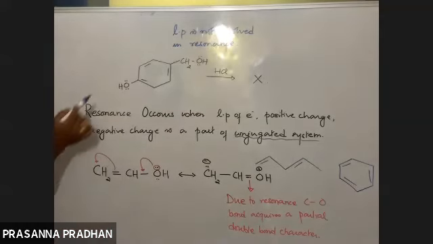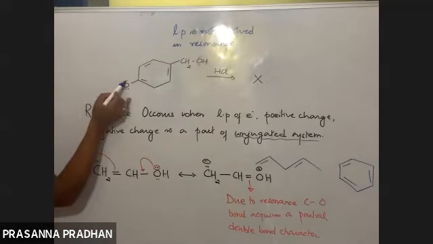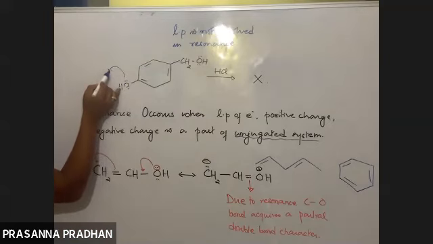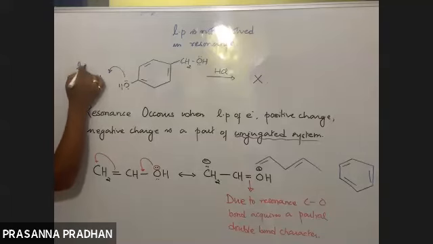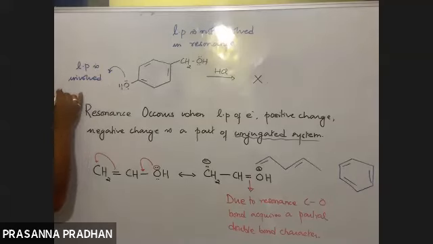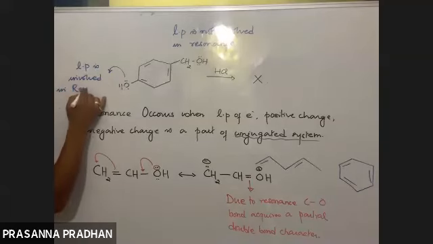But what about this lone pair? Let us see. After the lone pair, what do we have? Single, then double. Yes, this lone pair is a part of a conjugated system. So this lone pair is involved in resonance.